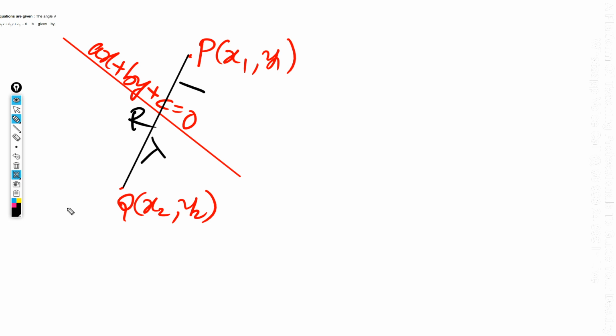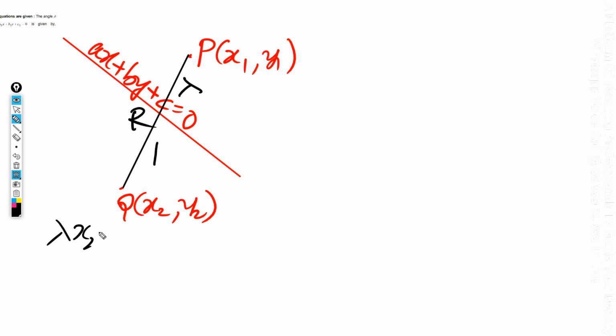From the P side, let us take lambda is to 1. Any side is okay, no issues, but to follow the order I have taken lambda is to 1 like this. I hope you all know the section formula.